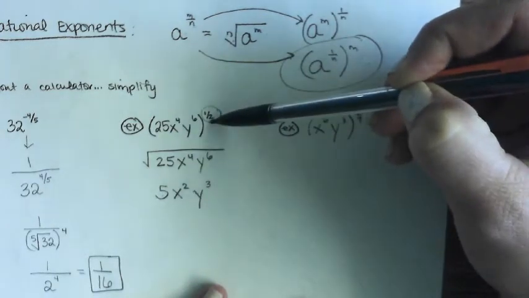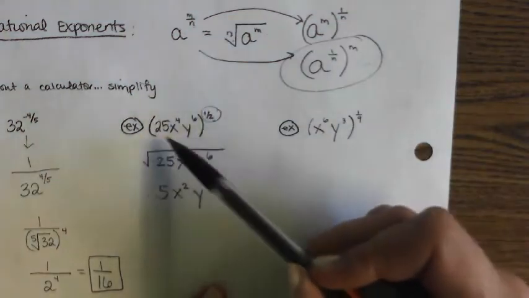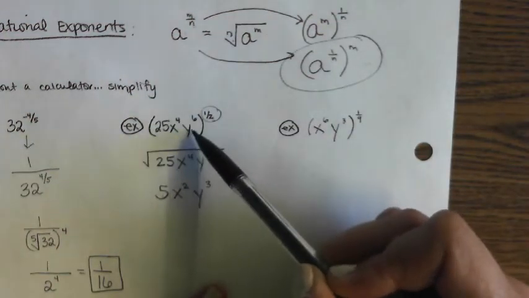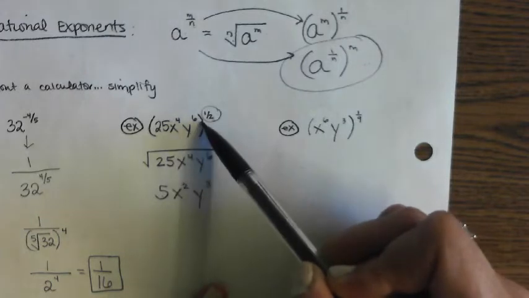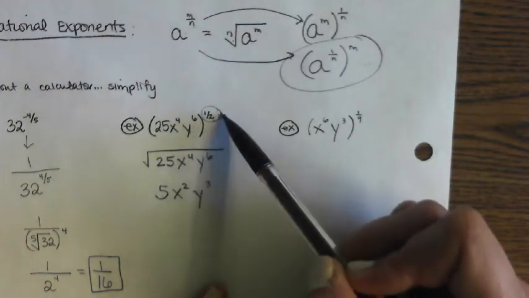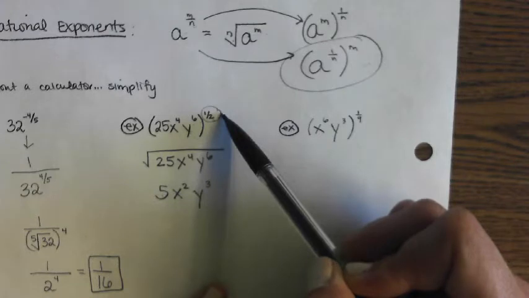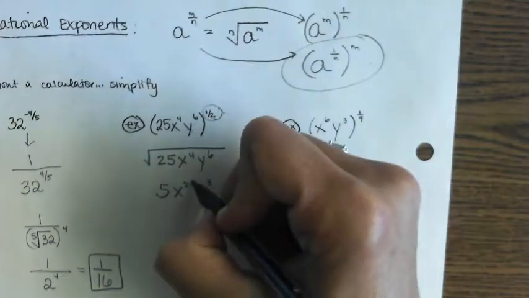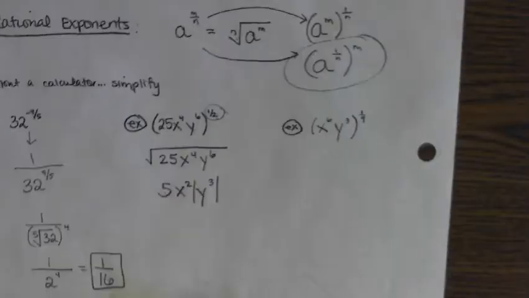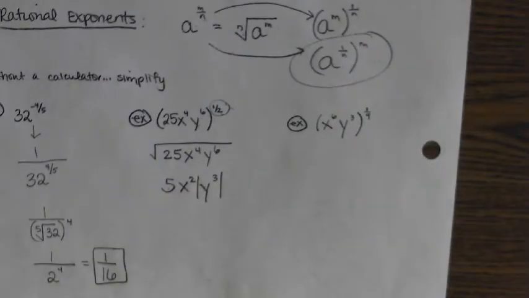But originally, what was going to happen if you follow order of operations from the start? What was going to happen if y was a negative number? What was going to happen to it? It was going to become positive, and then when you take the square root of it or raise it to the 1/2 power, it will stay positive, yes? So that will be a positive number. So we do need to put our absolute values around that. You can put it just around the y, or you can put it around the y cubed. It doesn't really matter. Okay?